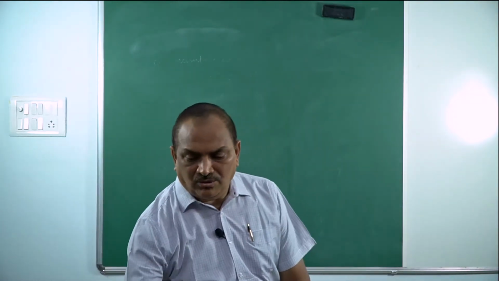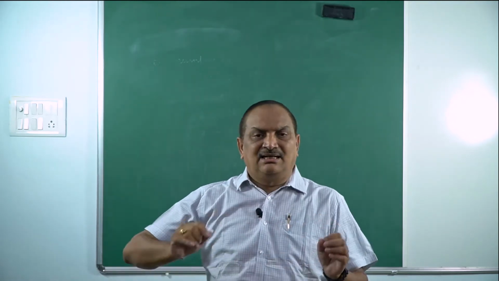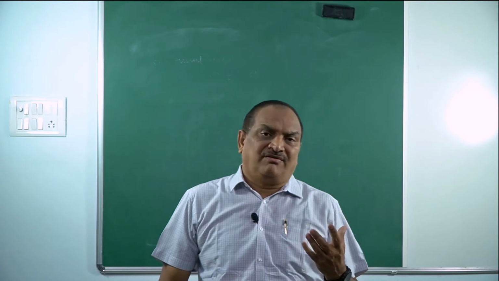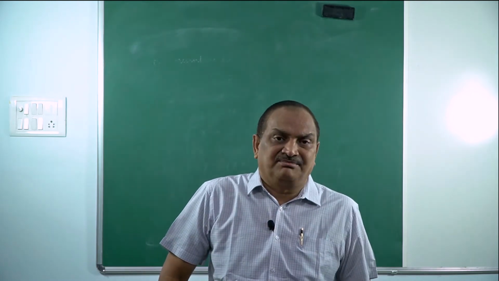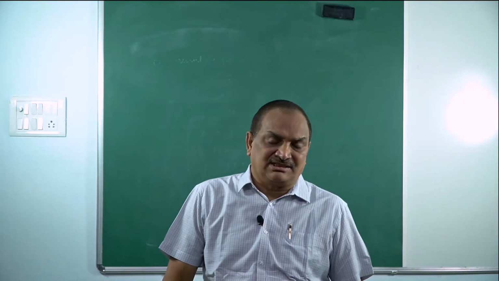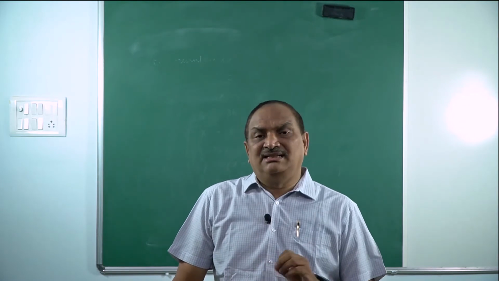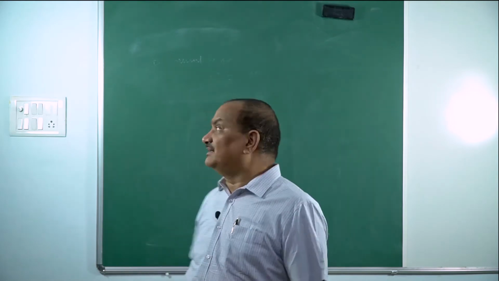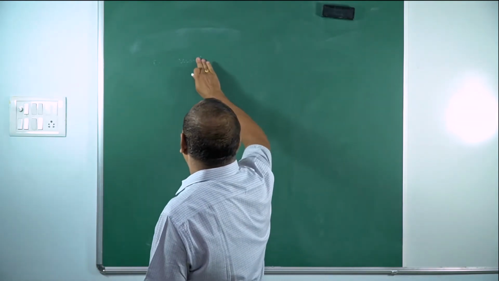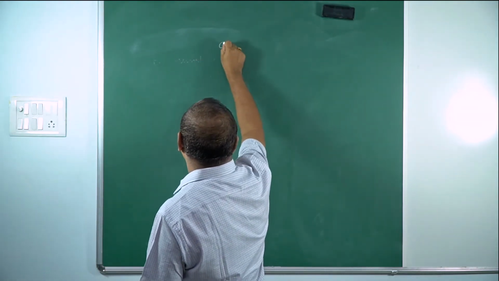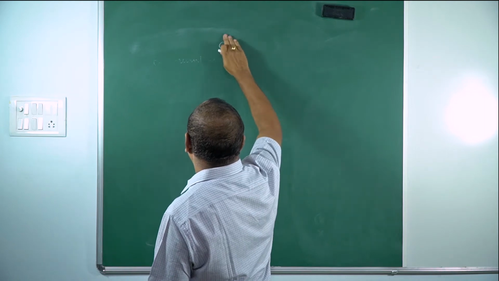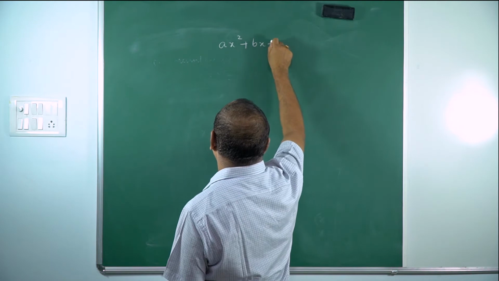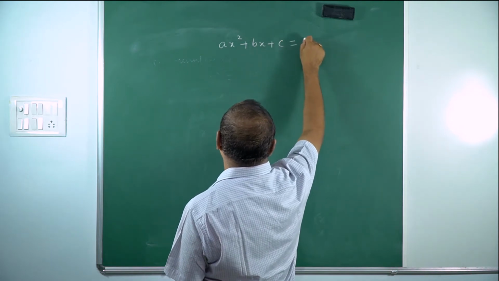Now I take a general quadratic equation, and I want to find the roots of that equation. The standard form of the quadratic equation, as we have learnt, is ax squared plus bx plus c. I start with that. So now I have first my equation ax square plus bx plus c equals 0.